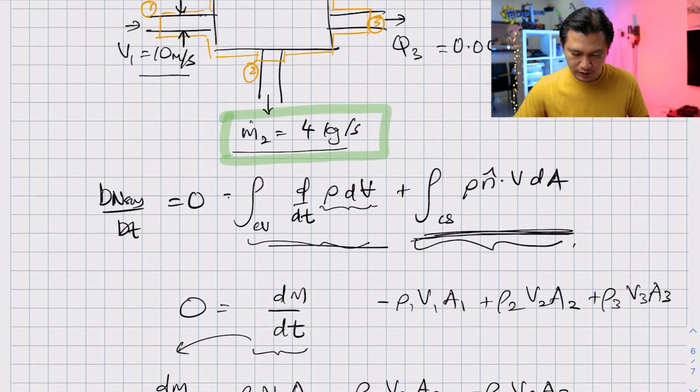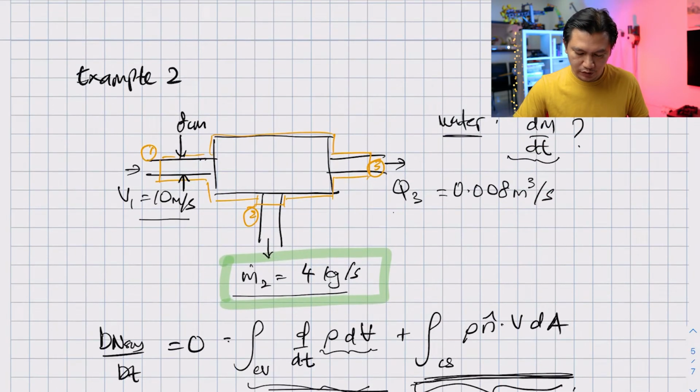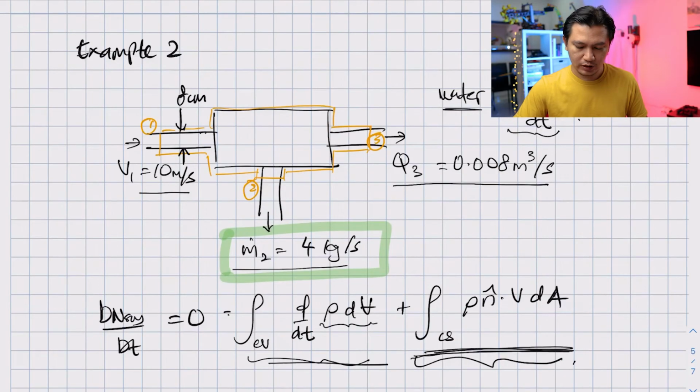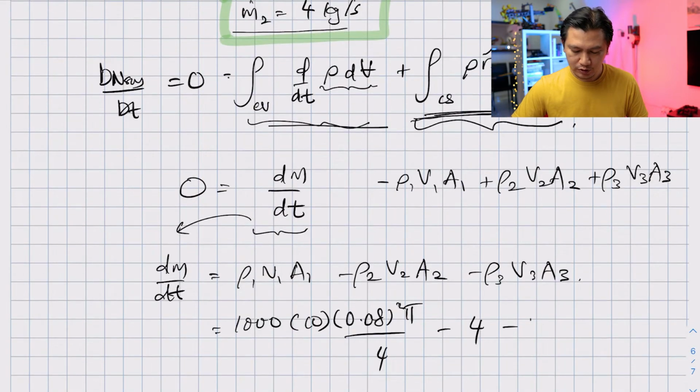Let's take a look at 3. Here 3 is given as Q, and Q is simply velocity times area. So v3 times a3 is 0.008. What you need now is just the density, which is 1000, and v3 times a3 is 0.008.